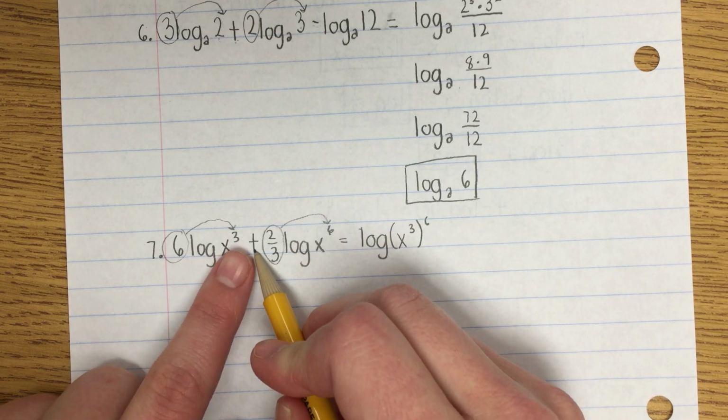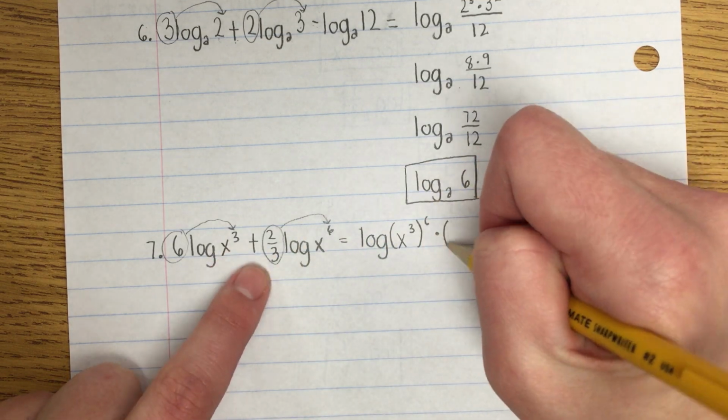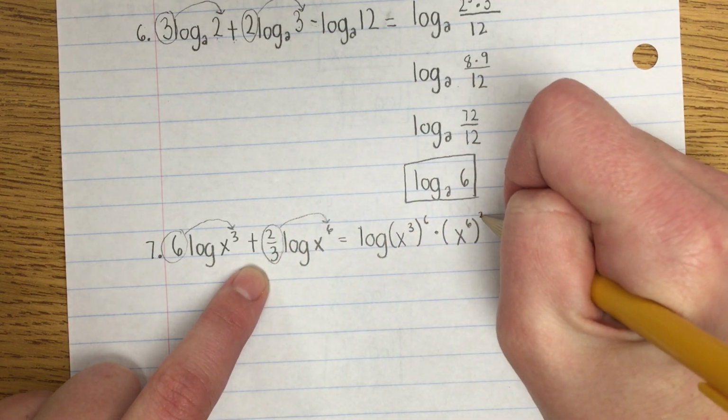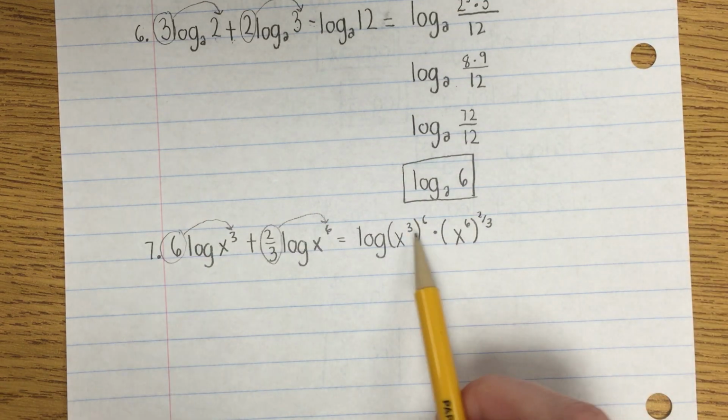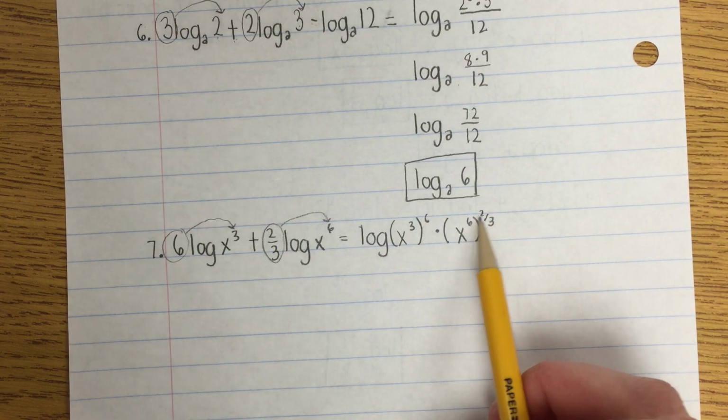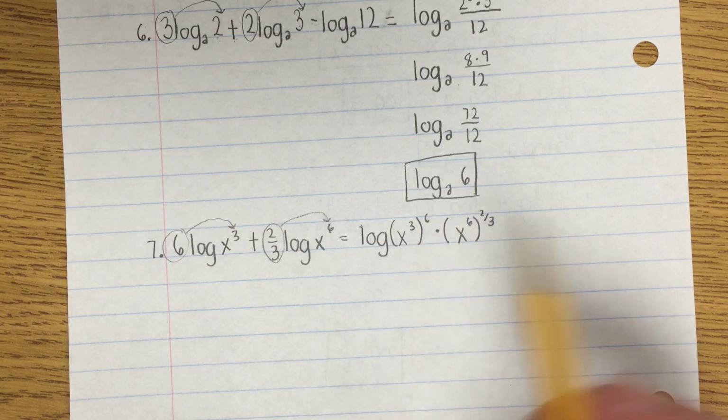Okay, and because of that plus sign in between, that means I'm multiplying by x to the 6th raised to the 2/3 power. My properties of exponents state that when I've got a power raised to a power, like I do on both of these, I multiply.